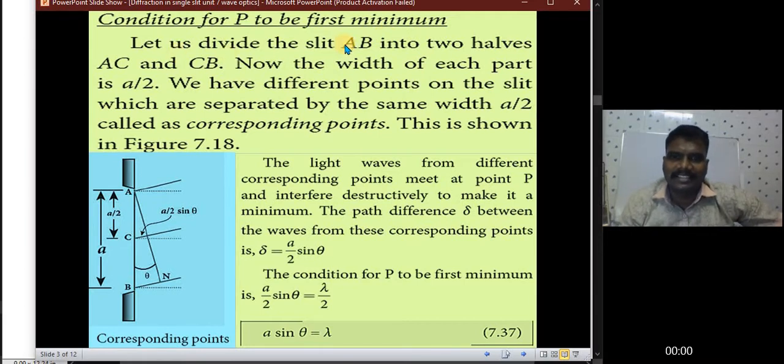Let us divide the slit AB into two halves, AC and CB. The width of each part is a by 2. From A to C it represents a by 2, and the other part from C to B also represents a by 2.